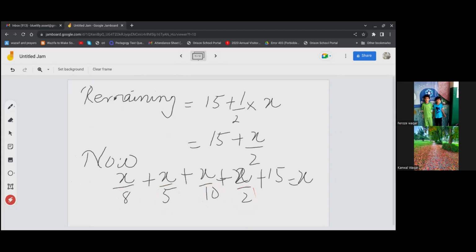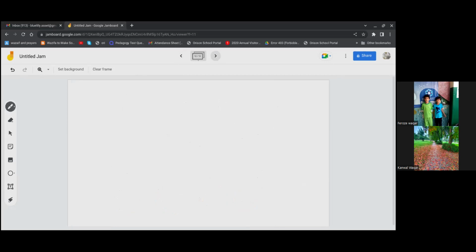So now take the LCM of 8, 5, 10 and 2. 2 4s are 8, 2 5s are 10, 2 1s are 2.